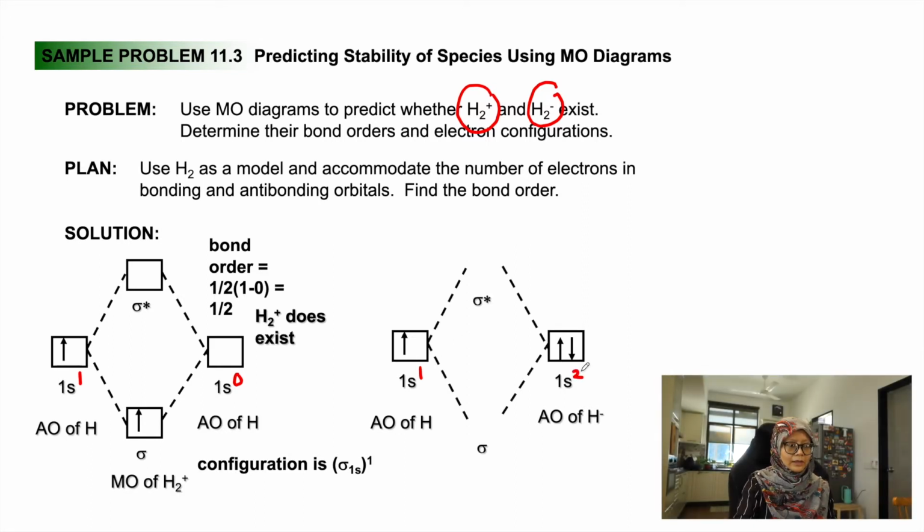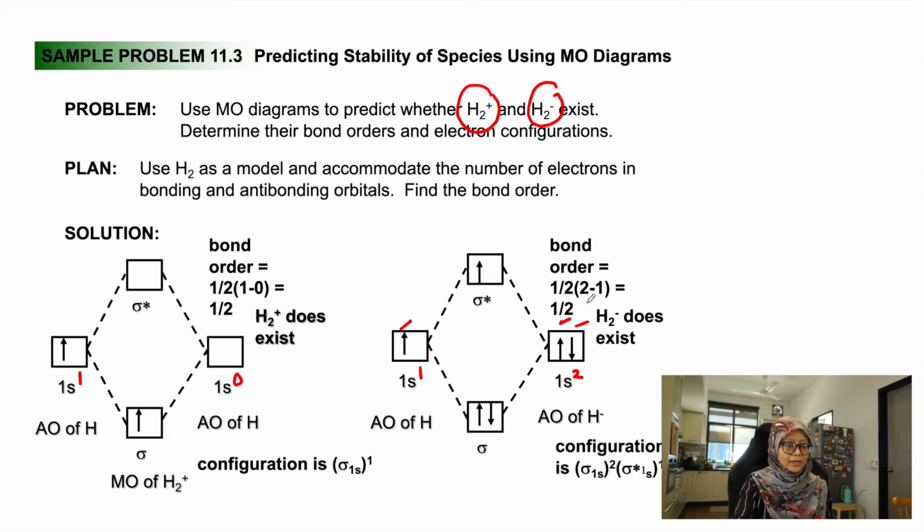Then you fill up the electrons: because we have 1 here and 2 here, we need to have 3 in the molecular orbitals of H2 minus. The bond order is also half, so it means that H2 minus does exist.